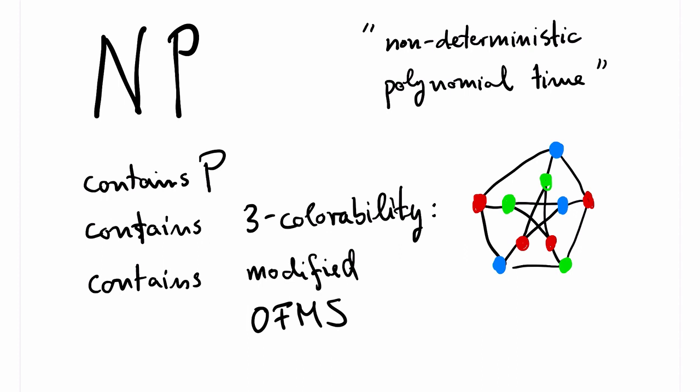So this is what the non-deterministic stands for. You can imagine a computer which tries all of these candidate solutions in parallel to see whether one of them is correct. The algorithm then accepts if one of these parallel runs succeeds. So this is what non-deterministic stands for.